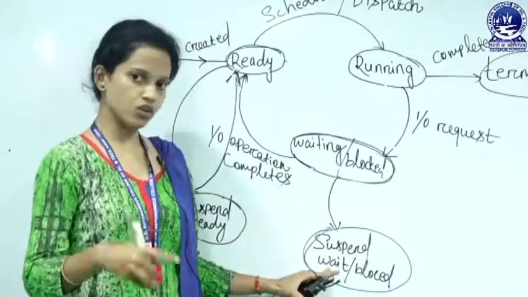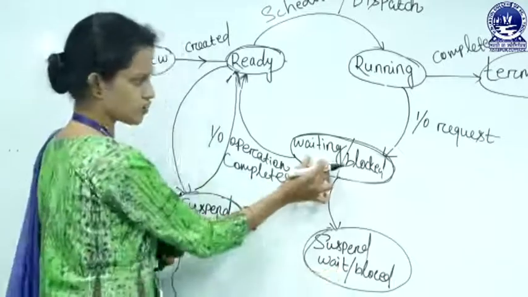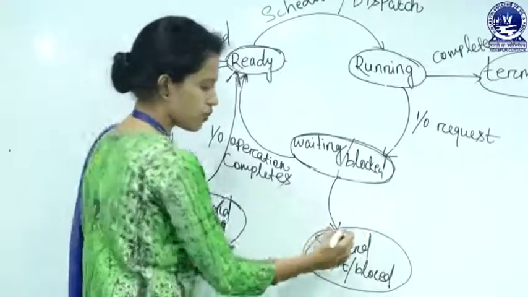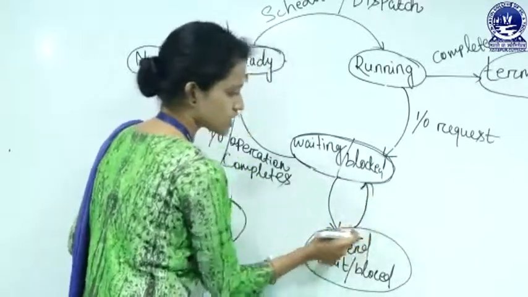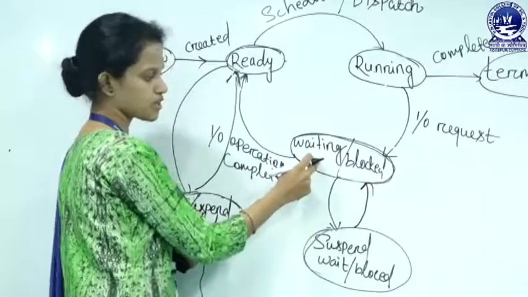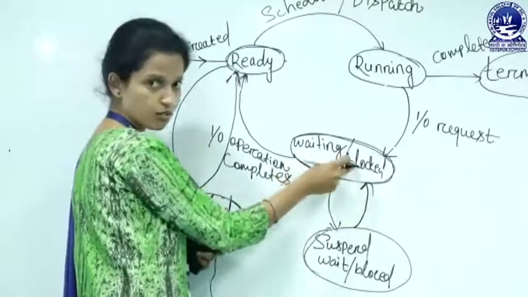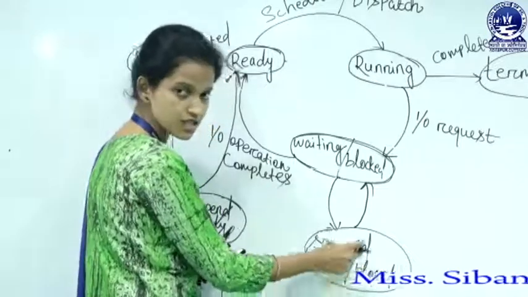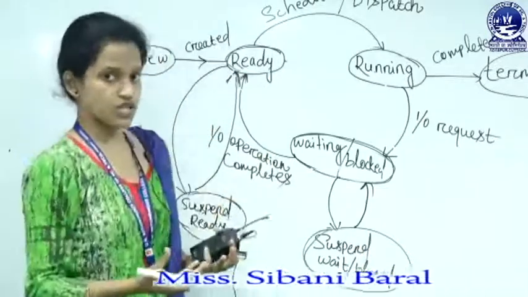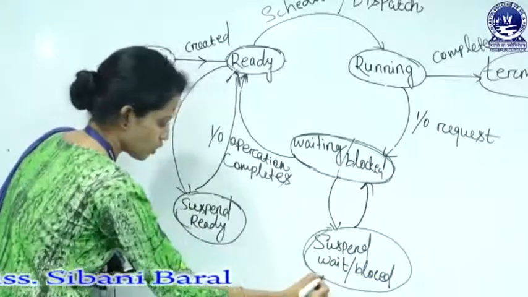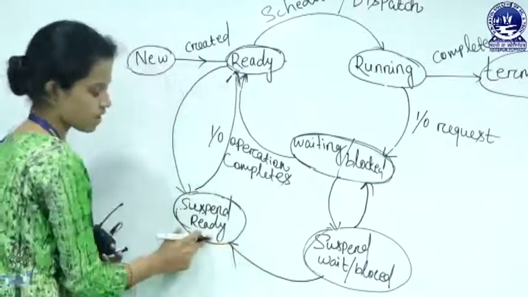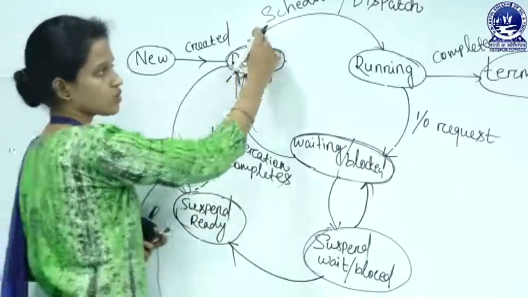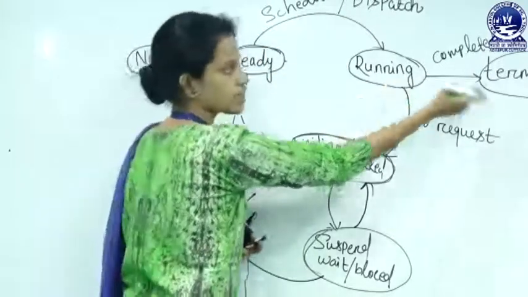After the IO operation completes and the waiting or blocked state is clear, it will resume and go to the waiting or blocked state. And in the suspend wait state, if it completes its IO operation, then it will go to the suspend ready state and again to the ready state, and after that it will go to the running state and be terminated.